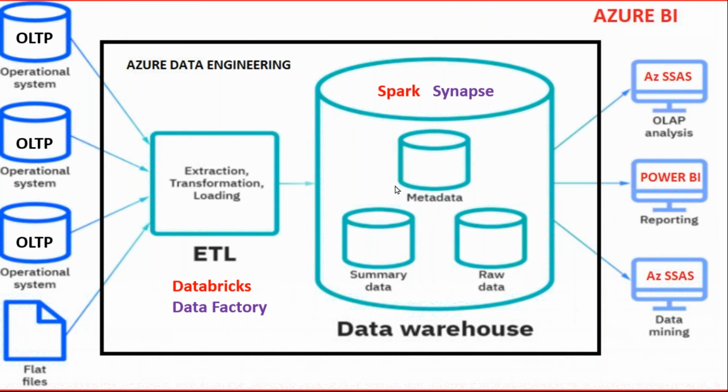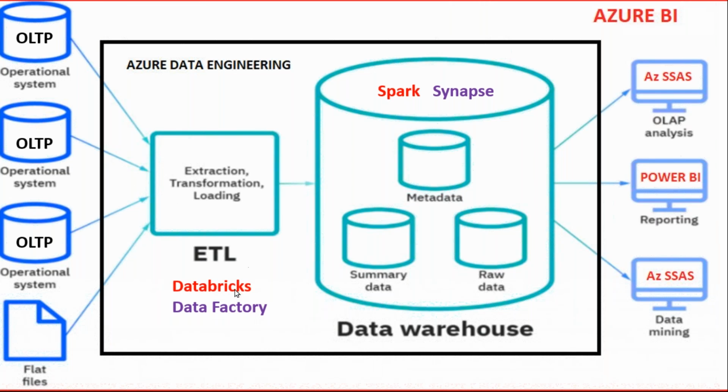Next, as a data engineer, we need to implement two types of ETL: open source ETL, Microsoft ETL. Open source warehouse, Microsoft warehouse, both. So in total 4 different combinations we need to implement.